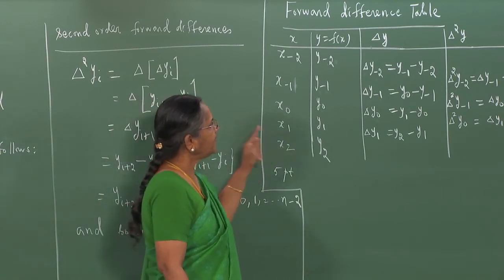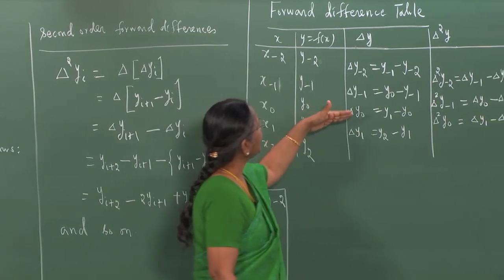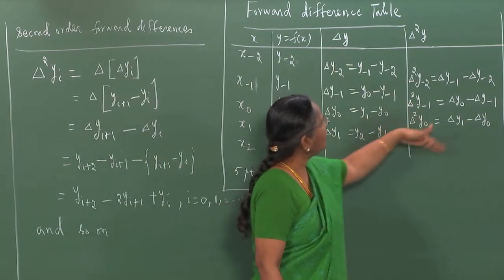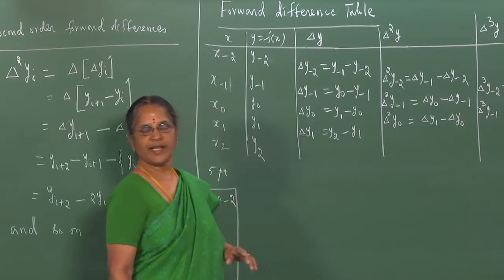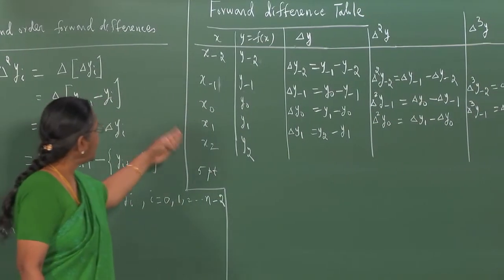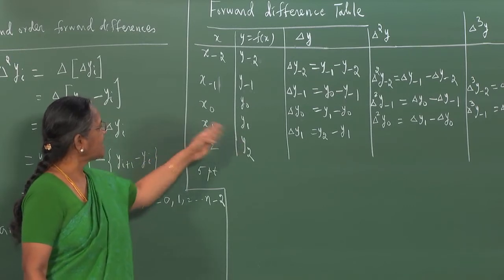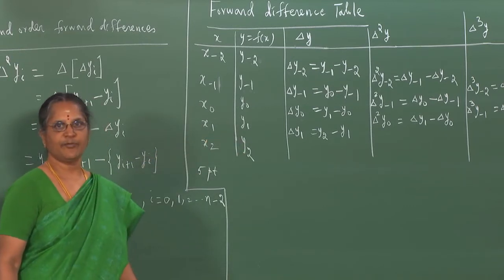And we observe that we have computed the various order forward differences of this polynomial, namely the fourth degree polynomial that interpolates the function at a set of 5 points.